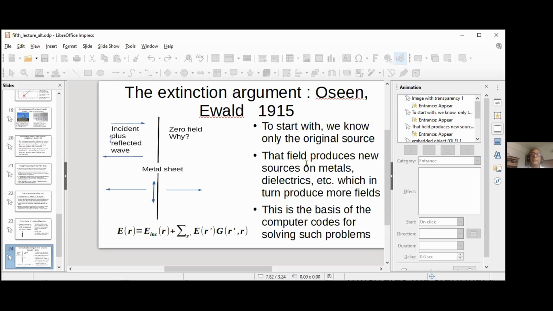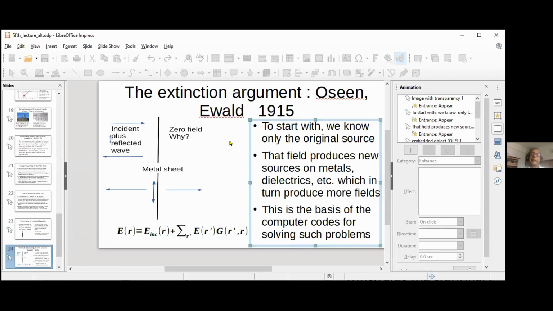You assume some currents sitting on pieces of metal, whatever they are. Those currents will tell you what the electric field is at other places, okay, including other pieces of metal. And then will this agree with the electric field you originally assumed? So to start with, assume some electric field on each piece of the metal, right? And the metal could be an aeroplane.